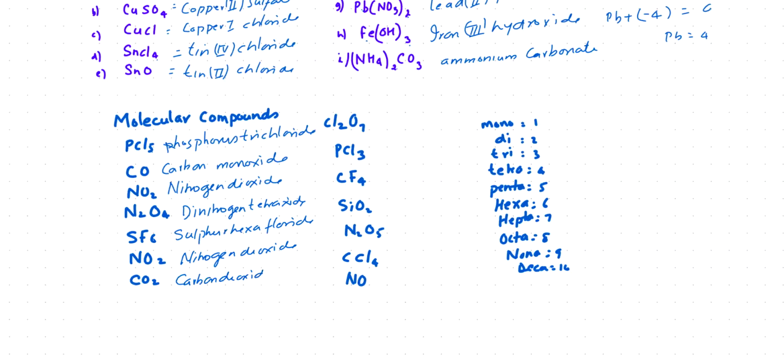Cl2O7, there are 2 chlorines, so dichloro, and 7 is heptaoxide, so dichlorine heptaoxide. PCl3, P is phosphorus, so phosphorus trichloride.